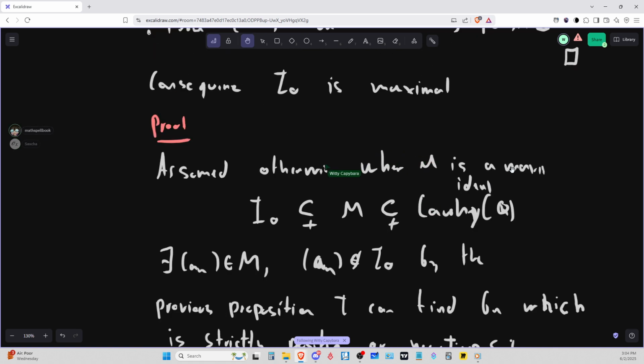Most of the time, that's the way we show that something is maximal, using a proof by contradiction like that. So here I assumed that I0 was not maximal, so we can find an ideal which is bigger than I0. But then I showed that this ideal has to be not proper, so therefore I0 has to be maximal.